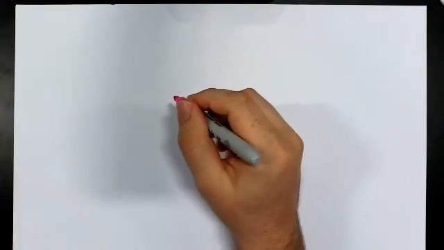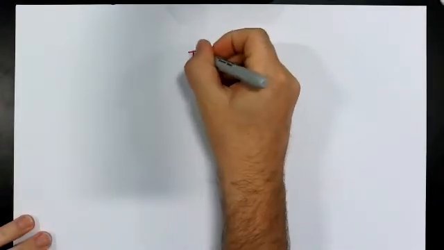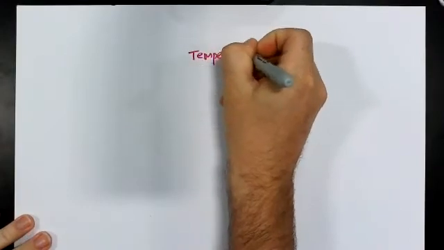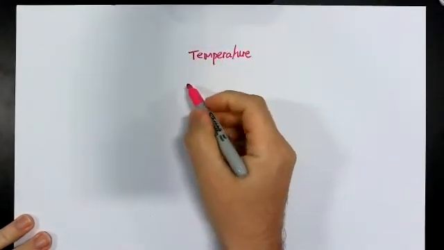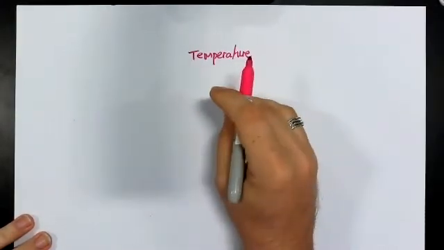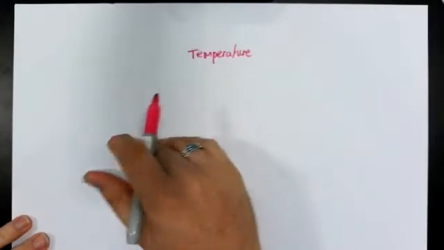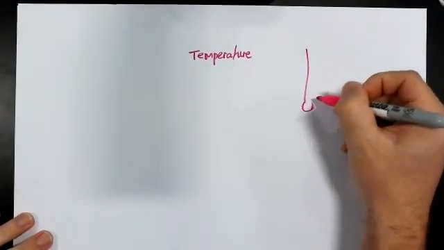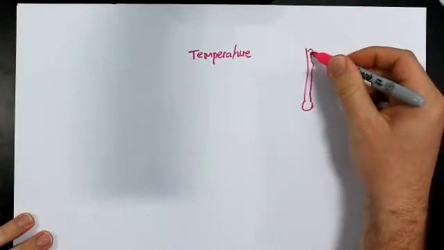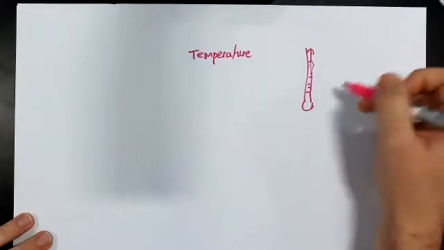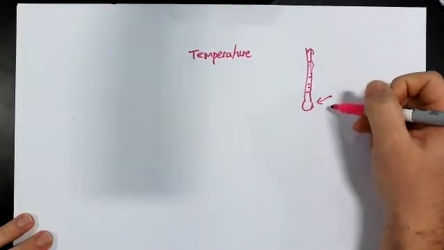All right, okay. In this video, we are going to be looking at temperature, eventually leading to how temperature and energy are related. So temperature is just a measurement of a property of a material. If you imagine the standard thermometer, for example, that is a temperature scale measurement based on the expansion of a liquid inside here.